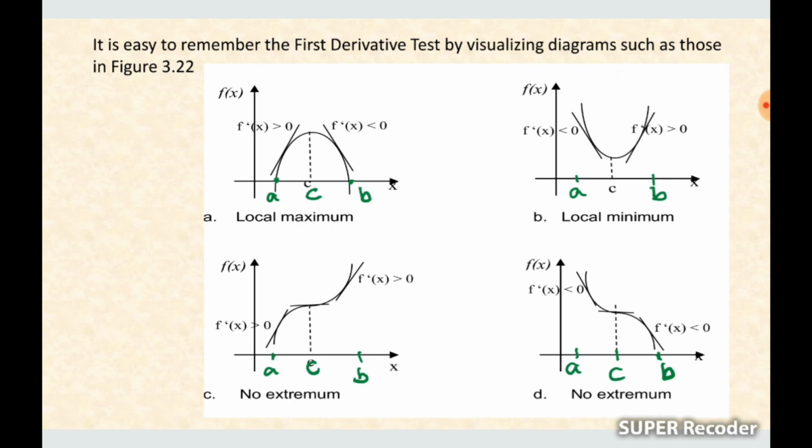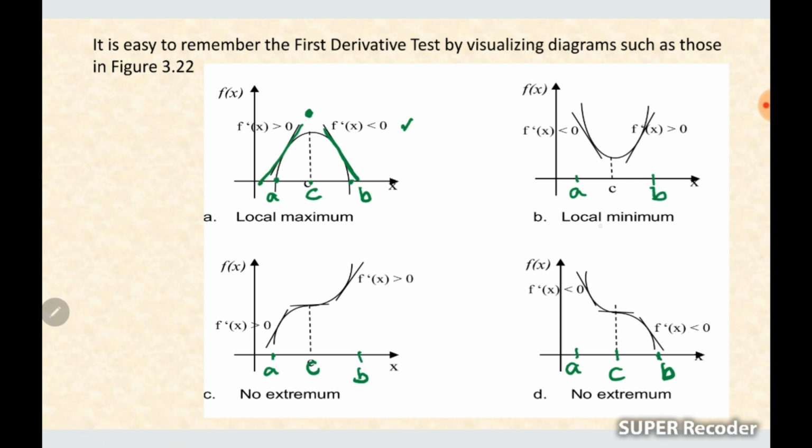Let's say C is a point between A and B. If you find that the derivative at any point from A to C is positive, and from C to B the derivative is negative, we can conclude that there is a local maximum here.